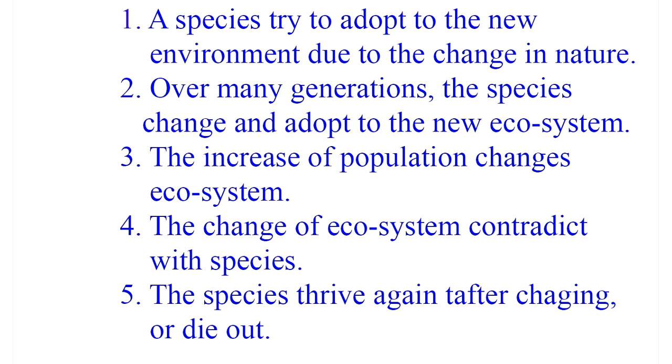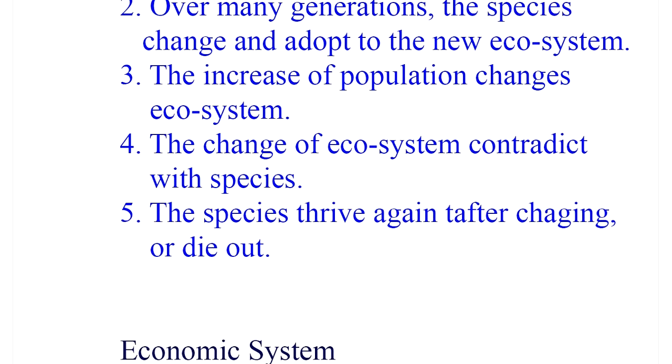So the change of ecosystem contradicts with species. There is always contradiction between ecosystem and species. Species always try to overcome the ecosystem, but the ecosystem exists regardless of species. Okay, the species thrive again after spilling.